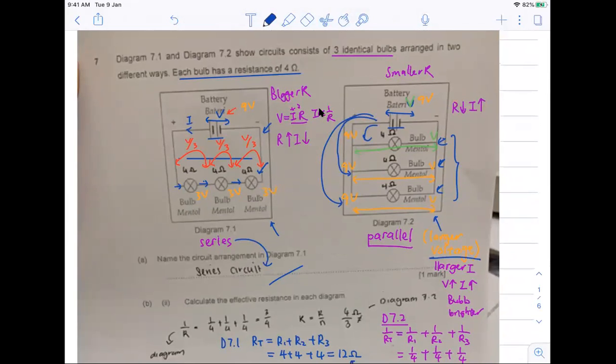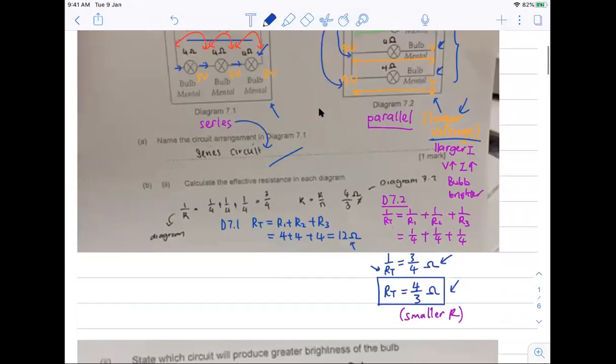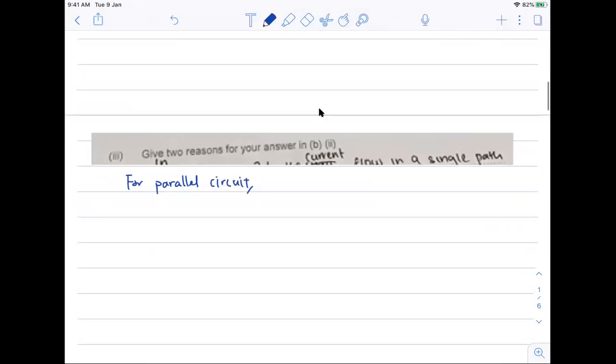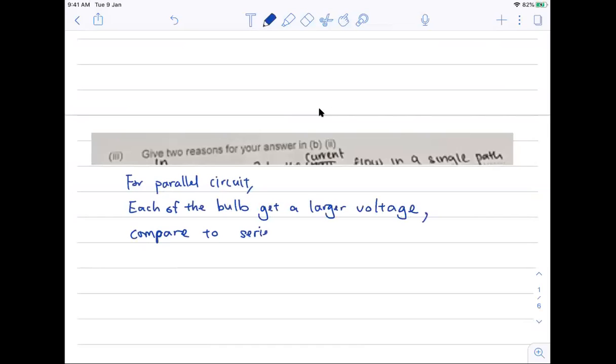Each of the bulb actually gets a larger voltage compared to the series circuit.